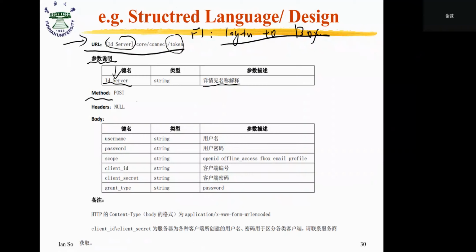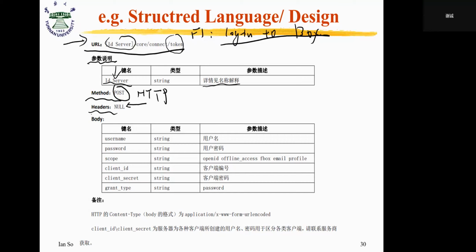Then the method you should use is an HTTP method. You should use POST. Then HTTP headers, you should set none here, very clearly, precisely specifying the parameters.